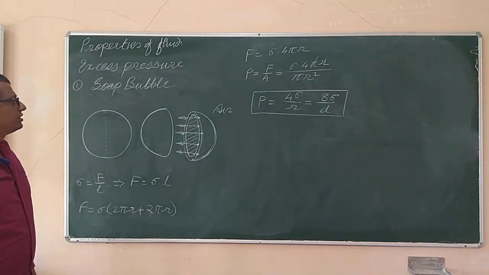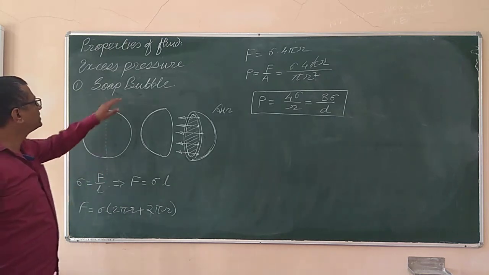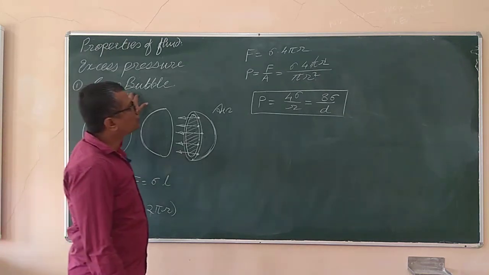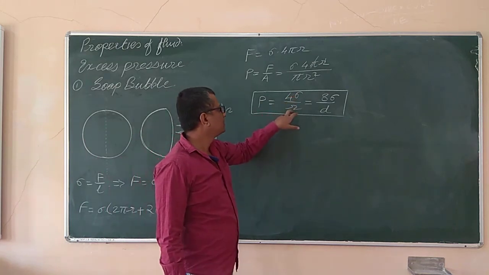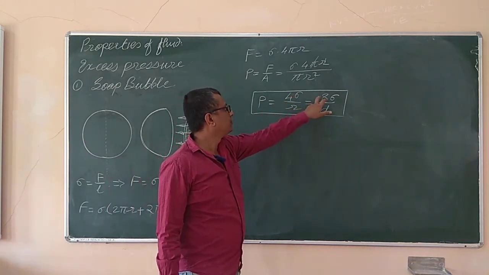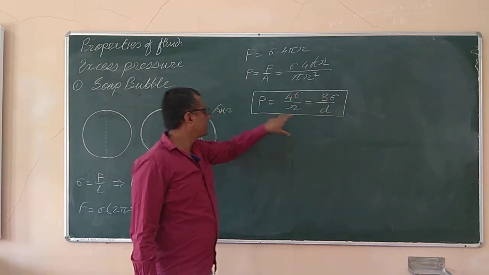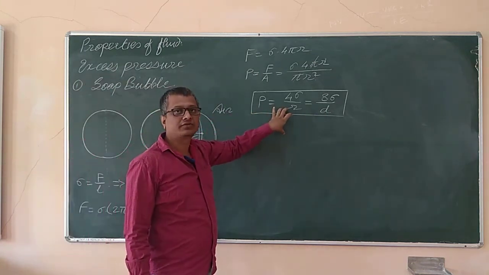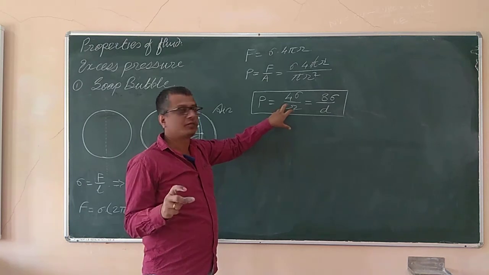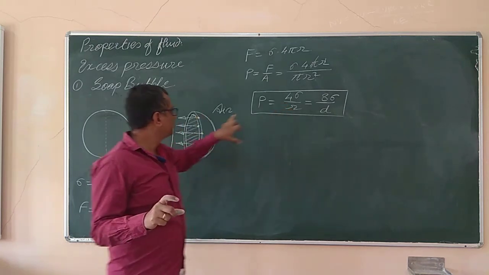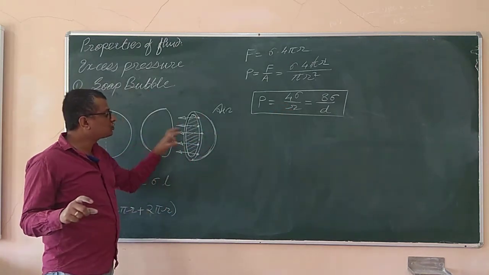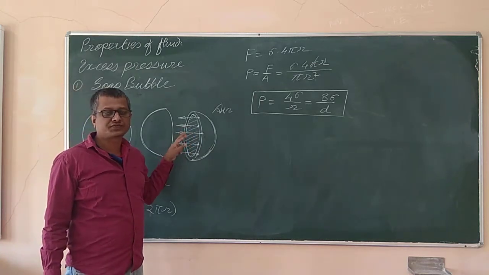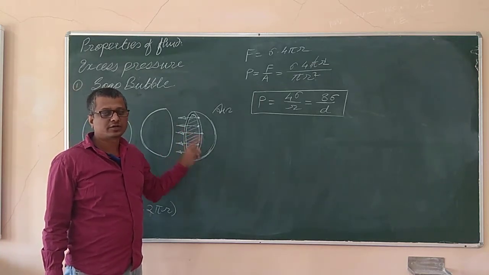And if you remember, the excess pressure inside a liquid droplet was 2 sigma by r or 4 sigma by d. You can see that for a soap bubble, the excess pressure is double that of the liquid droplet or the air bubble. This is because the soap bubble has two free liquid surfaces for the same area of the same droplet.